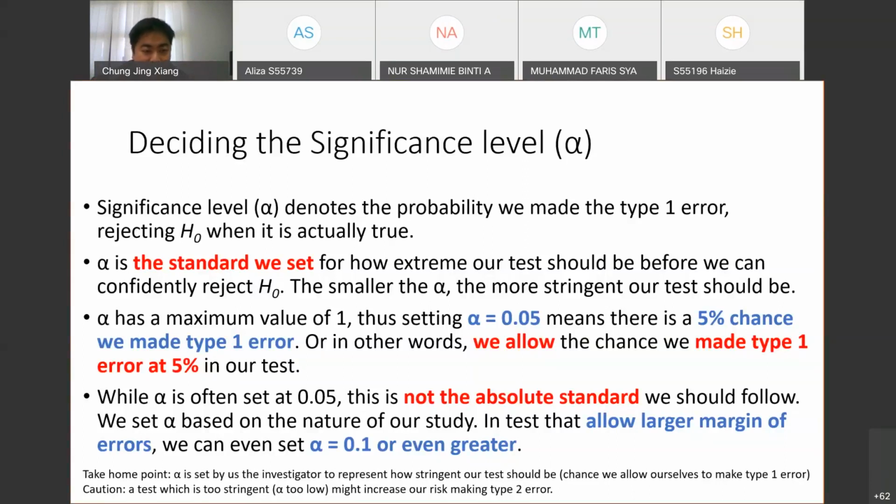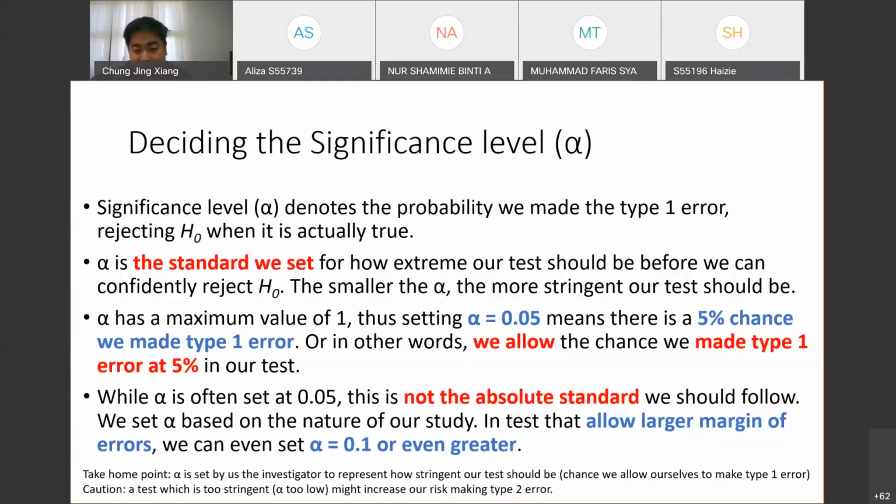So that one is alpha. Remember, alpha is the standard we set, like how extreme our test must be so that we can confidently say that H0 does not hold. If we set alpha to be very small, our test must be very stringent. Alpha has a maximum value of 1.